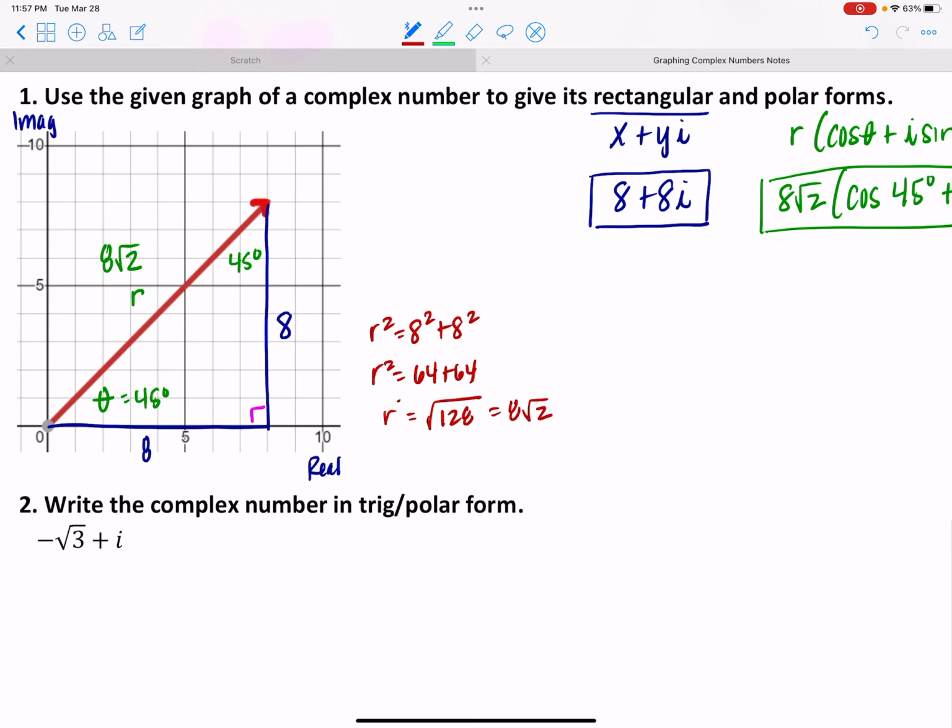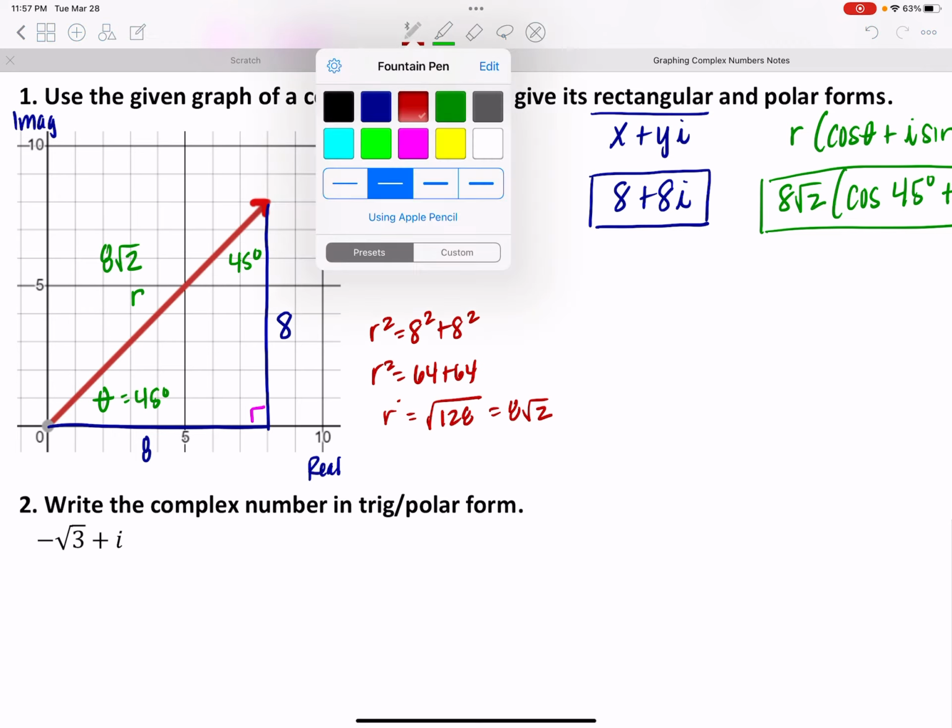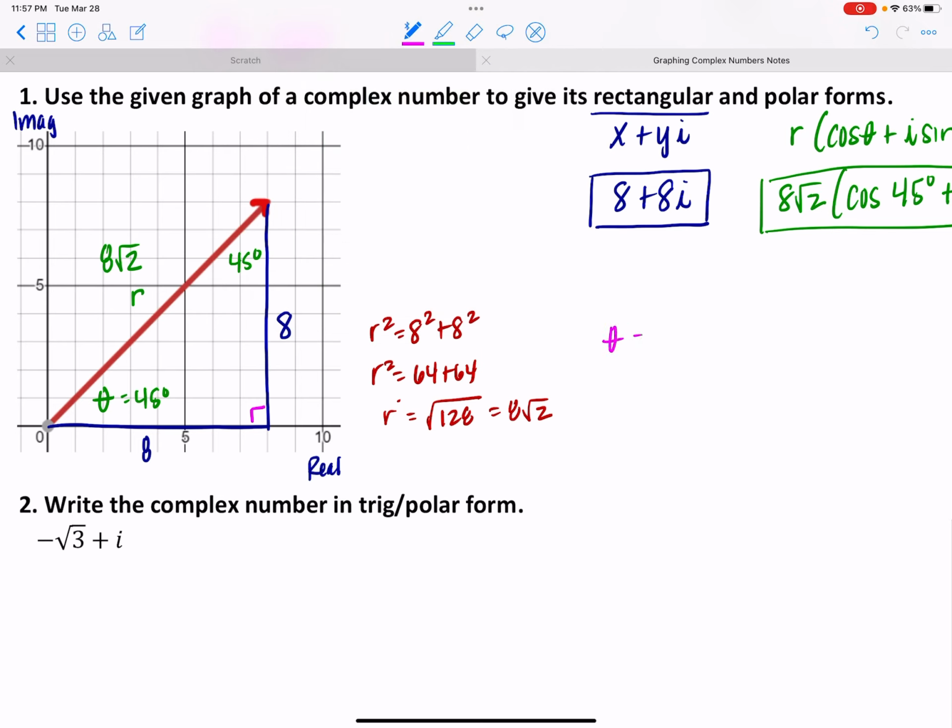And if I wanted to figure out what theta was, I'd use the inverse tangent to do that. So my theta would have to be the inverse tangent of the opposite over the adjacent, and so we end up taking the inverse tangent of 1.